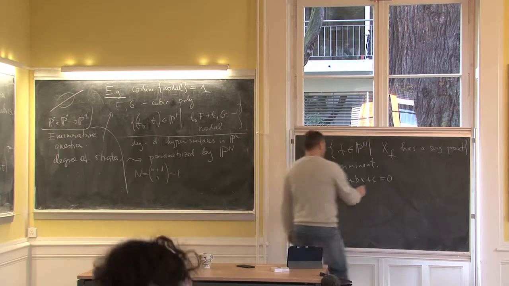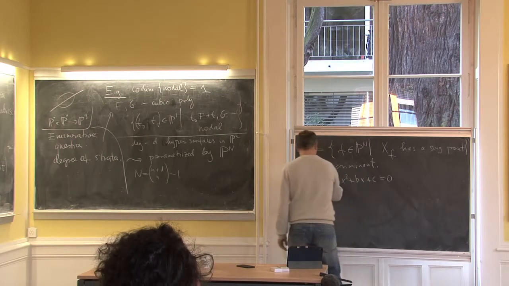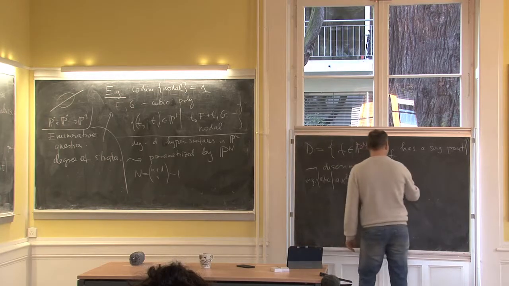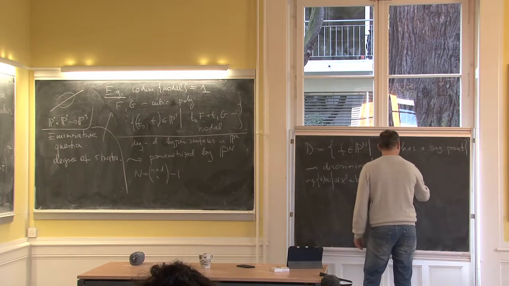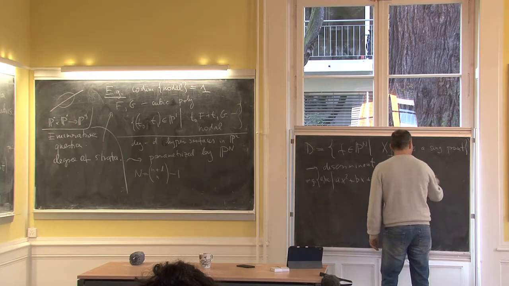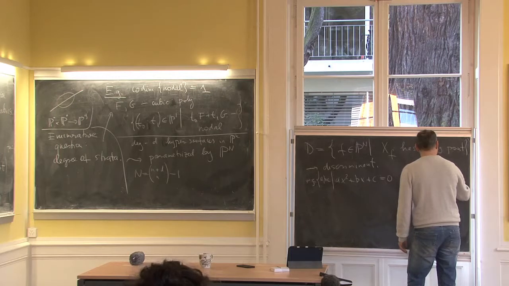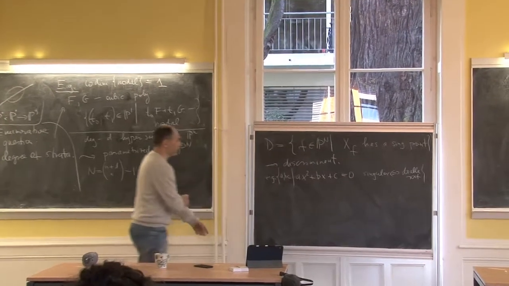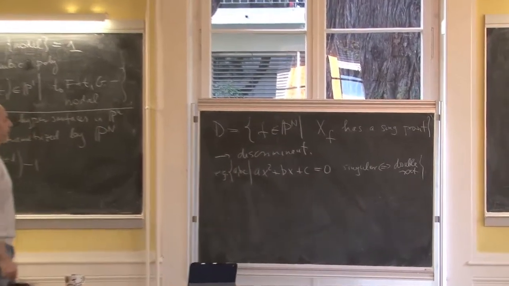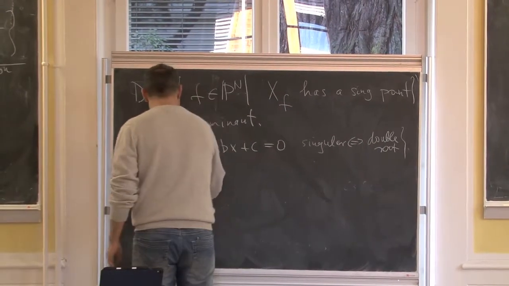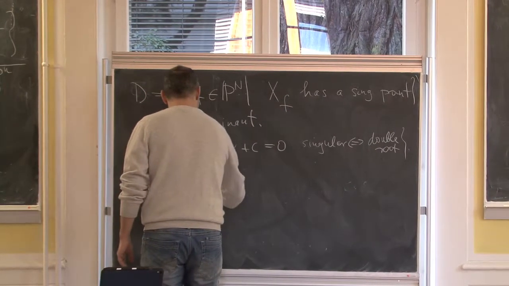And it's going to be a sort of a hairy scheme. So we are looking at A, B, C such that this is singular, which is the same thing as saying the quadratic equation has a double root. I'll explain in a second why that's the same, but I mean it's the same, right? Okay, and so we know that this gives you a subvariety, which just says that b squared minus 4ac is 0, right?